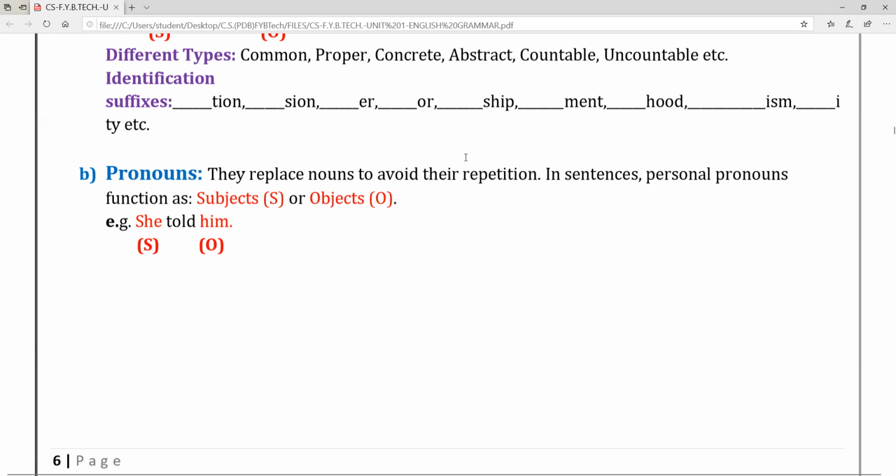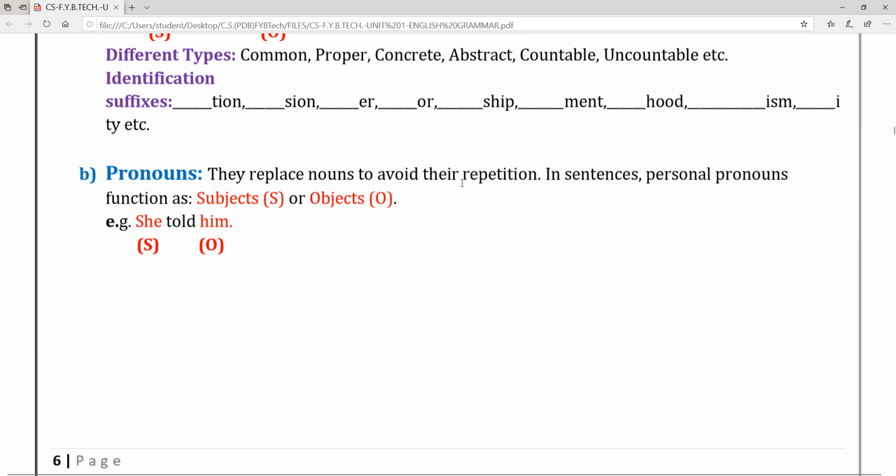So for avoiding repetition, we replace tiger in the second sentence with it or he. So tiger is a beautiful animal, it has stripes on its body. For avoiding the repetition of that noun, generally we replace it with its pronoun.